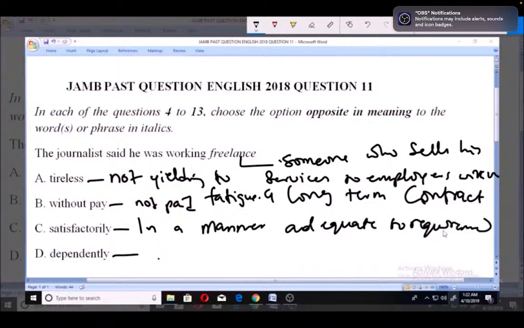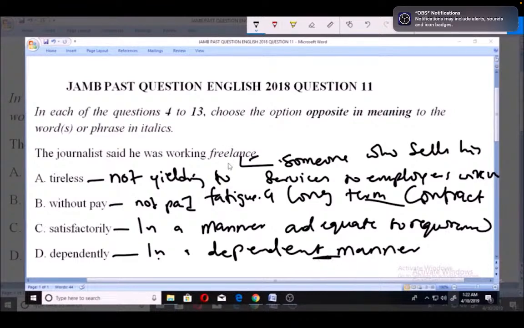Then, dependently simply means in a dependent manner, like you have to work to fulfill your contract. So unlike freelance, which means you're not in any long-term contract, dependent means that you're dependent on a contract. So you can see that freelance is the direct opposite of dependently.